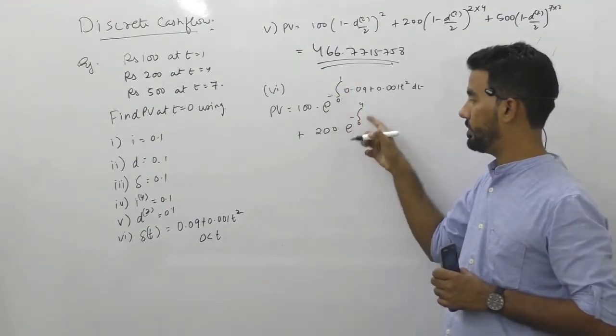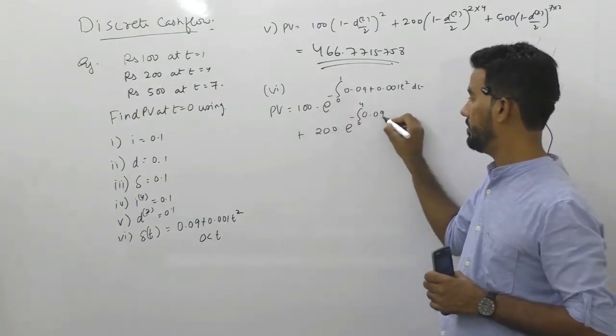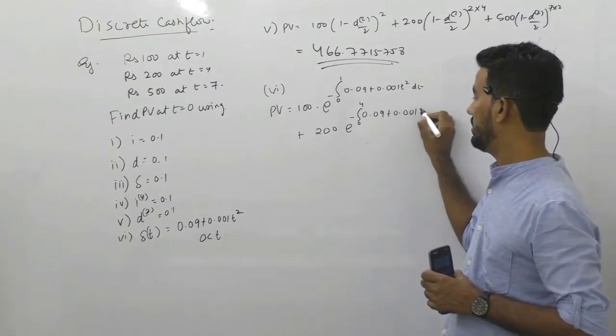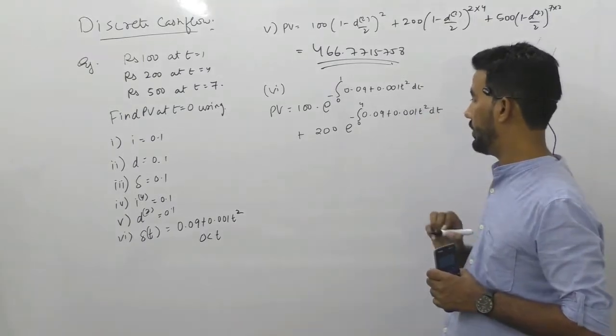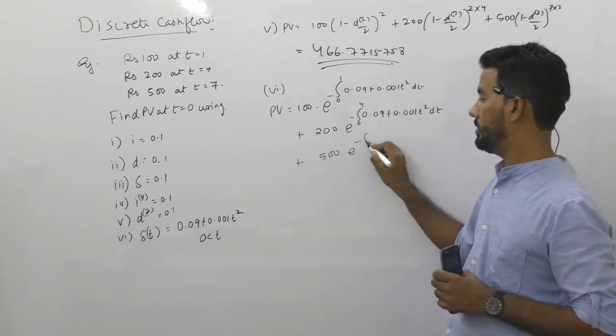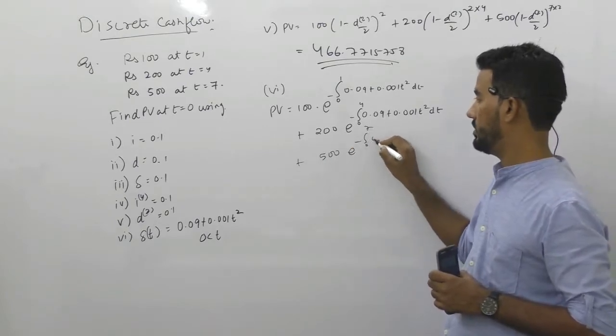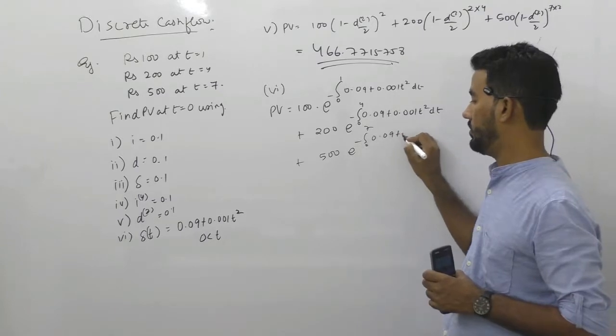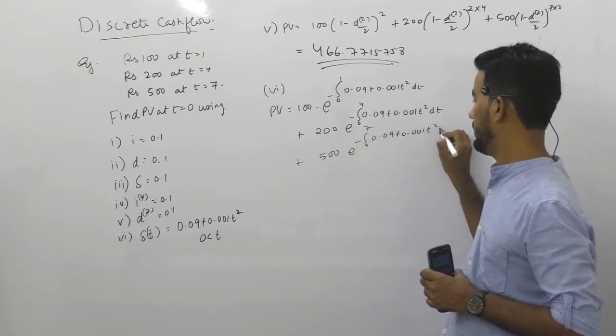This is from time 4 to time 0 using the same equation, and then 500 e raised to minus integral 0 to 7 of 0.09 plus 0.001 t square dt.